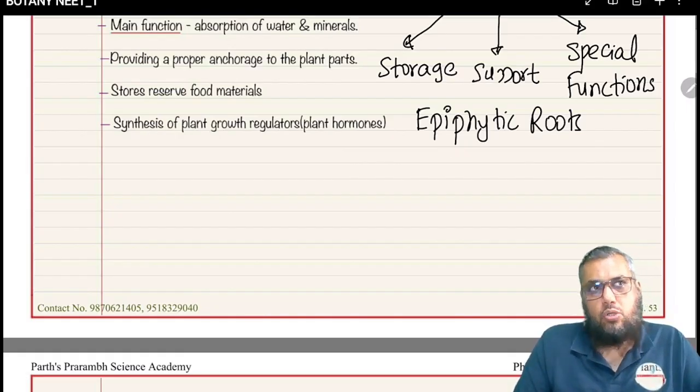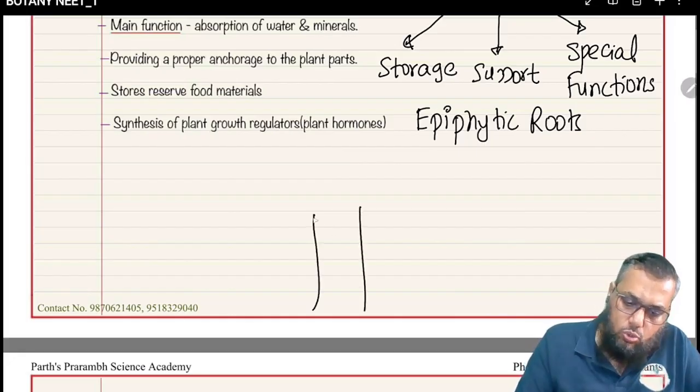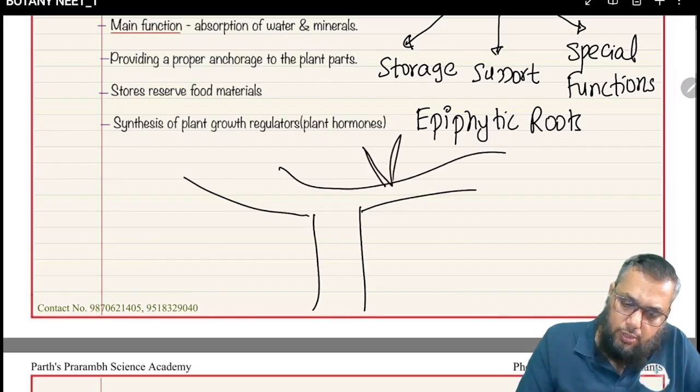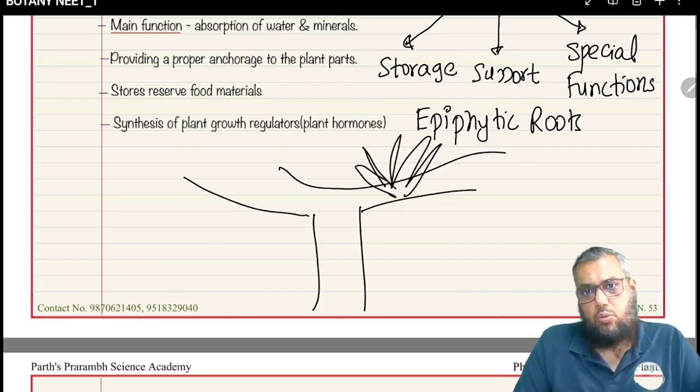Epiphyte वो पेड़ होता है जो दूसरे पेड़ के ऊपर ग्रो होता है. उसका फायदा उसको ये है कि उसको हर्बीवोर्स से क्या मिलेगा? प्रोटेक्शन मिलेगा. तो समझो ये ऑर्किड है, वैंडा डेंड्रोबियम, ऐसे कुछ प्लांट्स है.